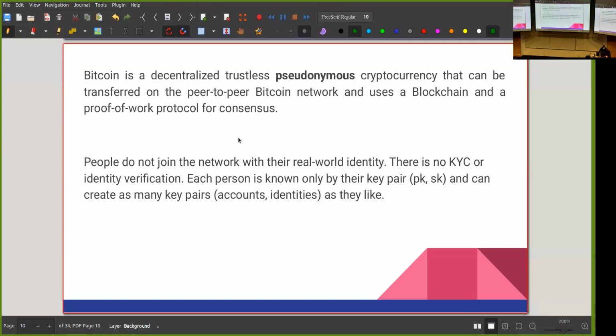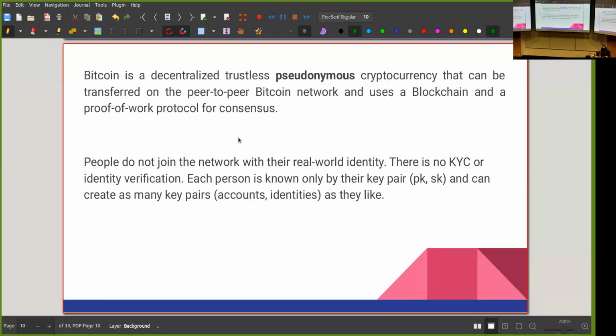Let's go on. So the next one is actually another misconception that exists about Bitcoin. People tend to think that Bitcoin transactions are anonymous. And that's actually not true. Bitcoin doesn't have perfect anonymity. The reason is that even though you don't really use your real world identity, there is some identity on Bitcoin.